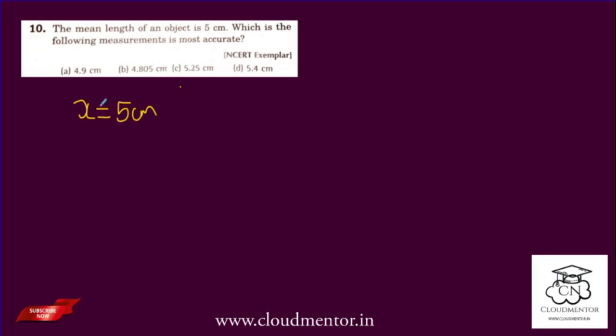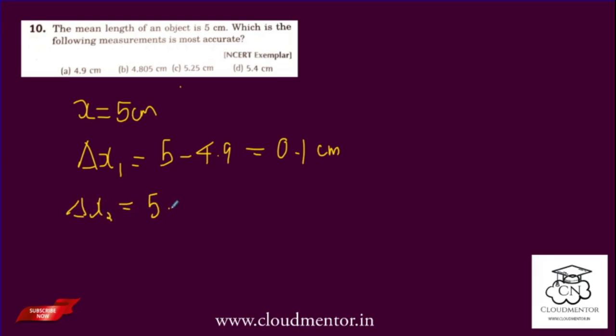For option A, the difference delta x1 is 5 minus 4.9, which is equal to 0.1 centimeter. And delta x2, for the second option, is 5 minus 4.805, which is equal to 0.195 centimeter.